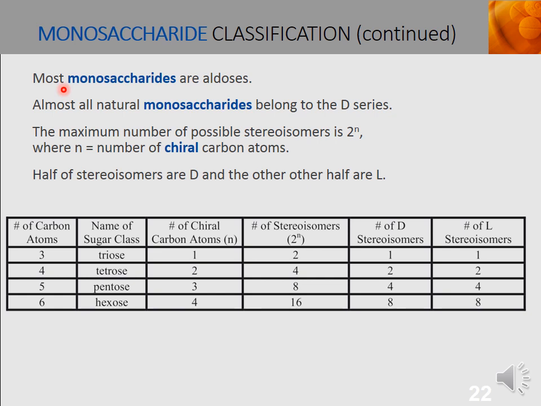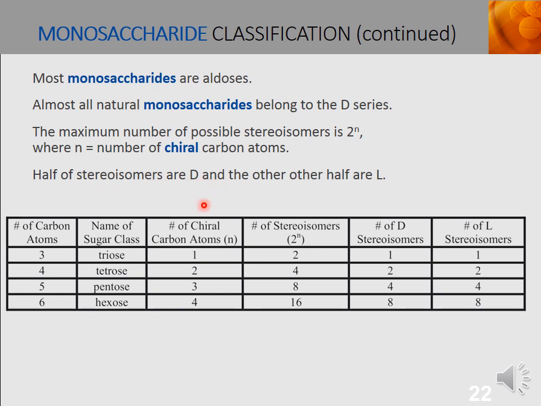The maximum number of possible stereoisomers is 2 to the power n, where n is the number of chiral carbon atoms. Half of the stereoisomers are D and the other half are L. Means in the sugars, if we apply the formula 2 to the power n and we get, supposed, 2 chiral centers and there are 4 stereoisomers possible, then out of 4, 2 will be D form and 2 will be L form.